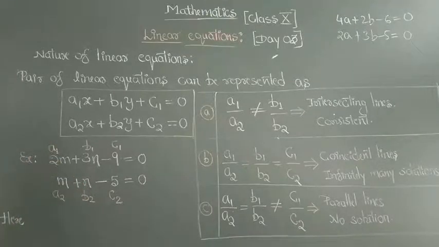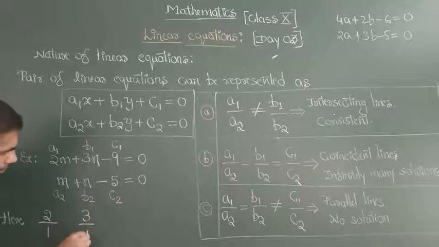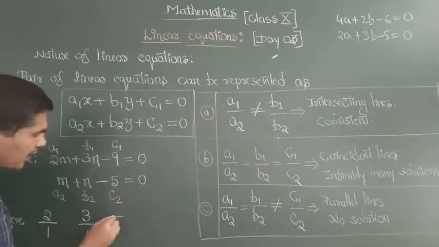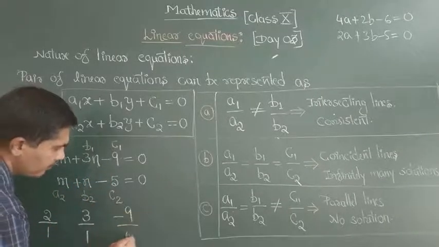So now I know clearly the values of a1, a2, b1, b2, c1, c2. Now once I know these, just let me cross check a1 by a2, b1 by b2 and c1 by c2 values. When I do a1 by a2, I get 2 by 1, b1 by b2 became 3 by 1, c1 by c2 became minus 9 by 5.